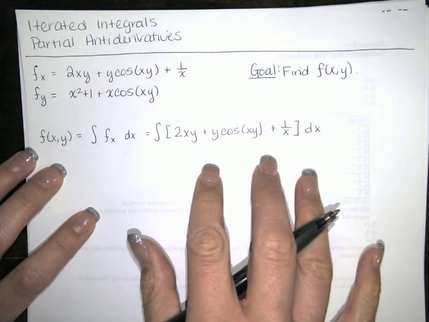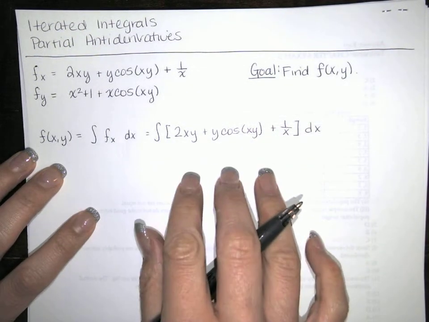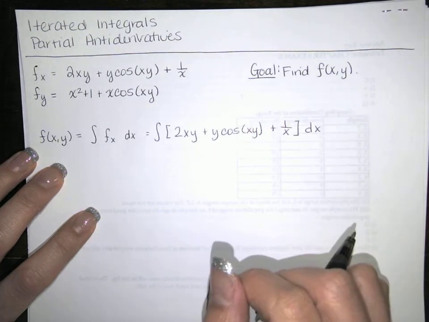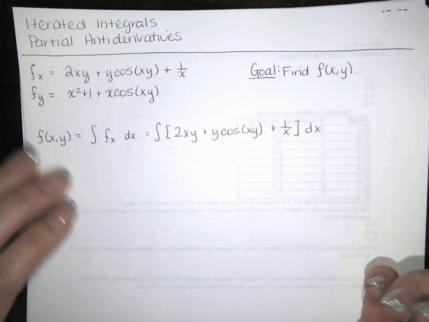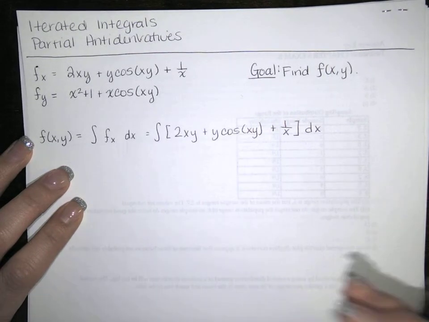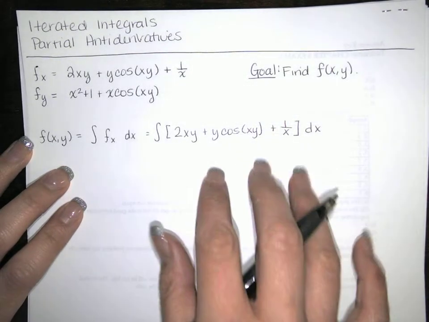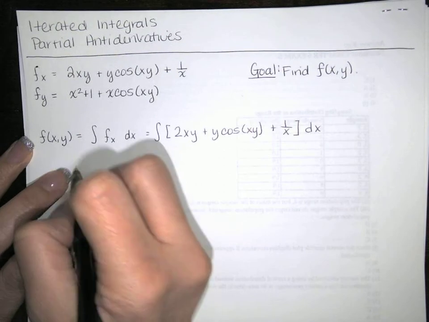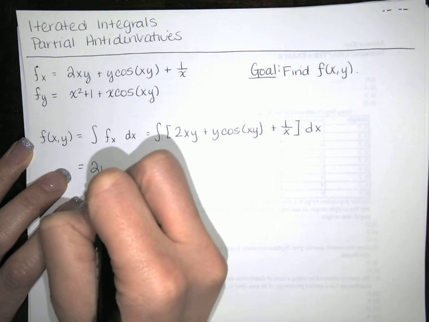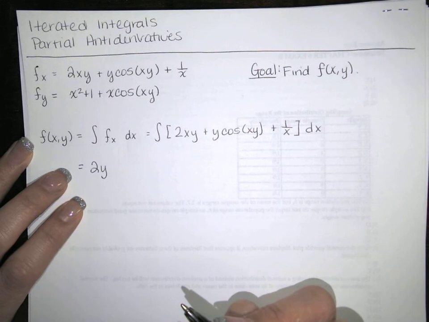Now, it's actually very simple. To do this, we just treat y like a constant and we anti-differentiate with respect to x, just like when we were taking derivatives. We treat the other variables as constant and we anti-differentiate this time with respect to that variable. So if my 2 is a constant and my y is a constant, that's just a constant times x, so I bring my constant down.